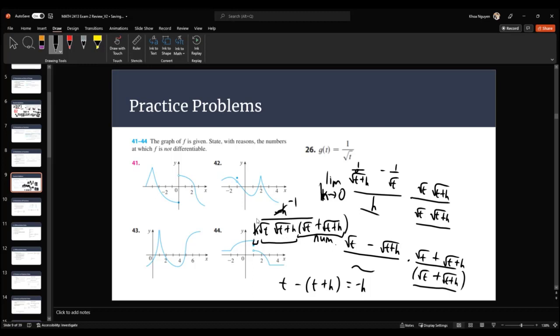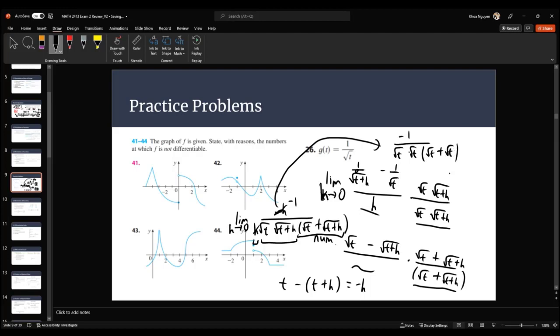So this denominator, remember this is under the limit as h approaches 0, gets pretty simple. As h goes to 0, you get -1 over the square root of t times the square root of t, because that h is 0 in the square root of t plus h. And then you get square root of t, square root of t.